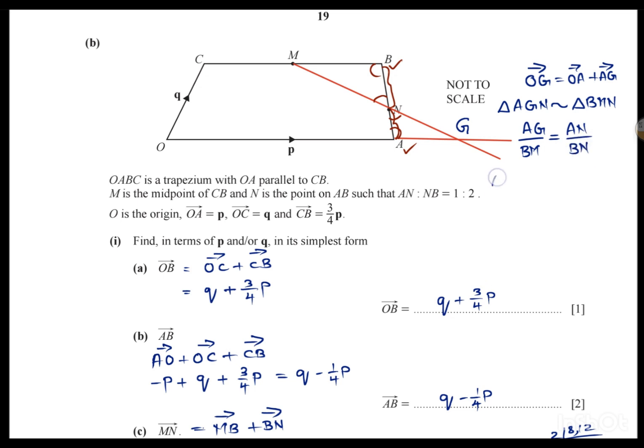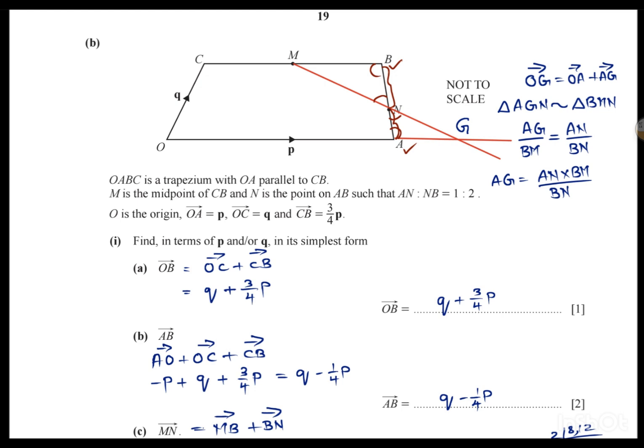Cross multiply, and you will get AG as AN into BM by BN. Now you use this to find out AG.